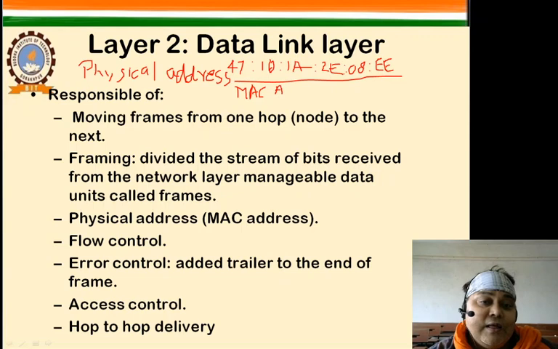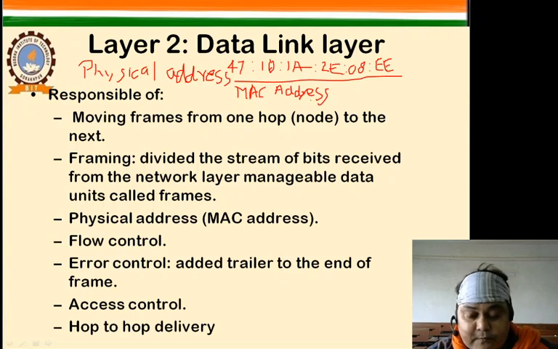You are getting it directly from the data link layer. It is taken by your machine from your NIC card. Now this address is also known by another name, link address.